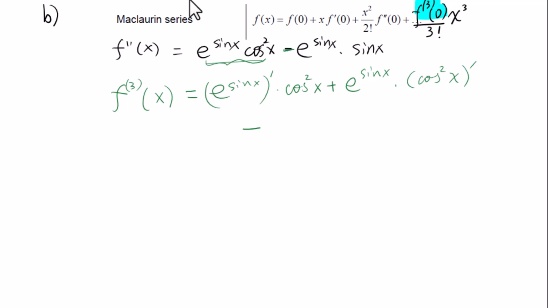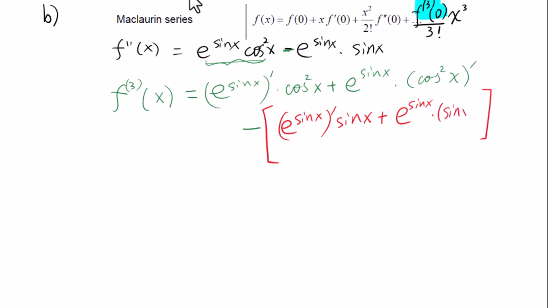Whenever you see minus, we will use a bracket for more than one term: e to the sin x prime times sin x plus e to the sin x power times sin x prime.